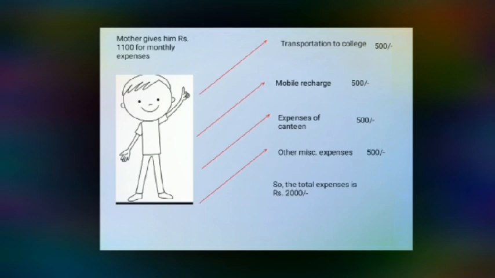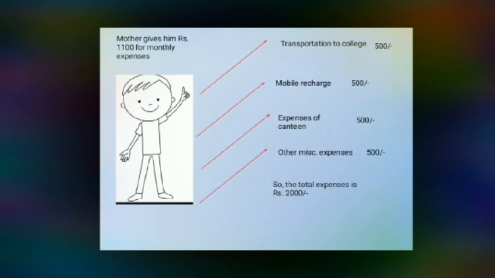So the difference amount is 2000 minus 1100, that is 900 rupees. So he has to compromise on something or the other, or he has to find out which particular needs are more important and which can be postponed to another month.